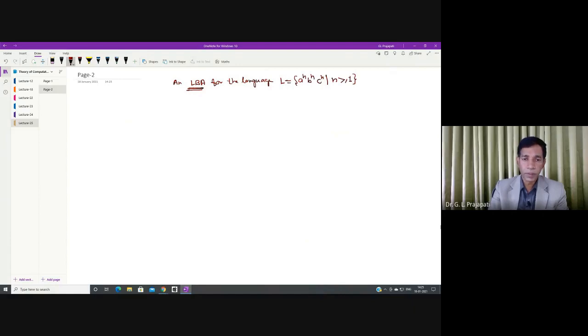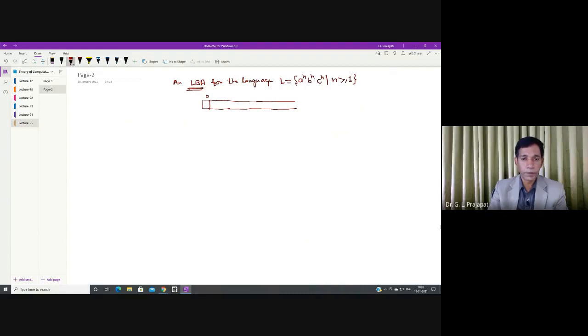We know that means you have the tape, and this is the square 0 in the tape.